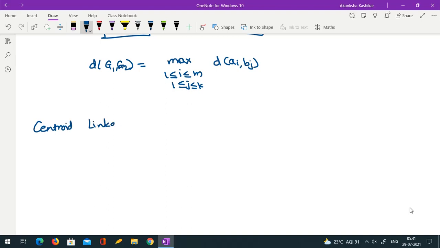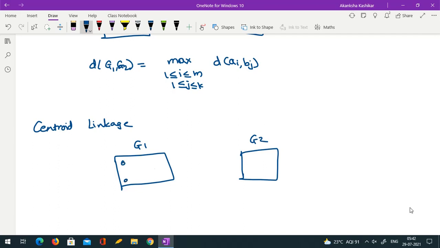So what do we do in centroid linkage? As I just described, suppose I have group G1 here and I have a group G2 here. Suppose these are my objects, A1, A2, A3, B1, B2. Then first we find a center point of that group.